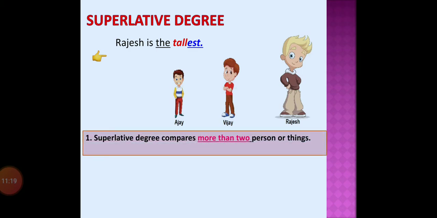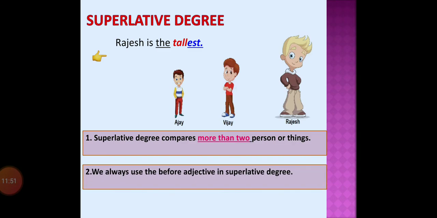So the first rule of the superlative degree is that it compares more than 2 persons, means there will always be more than 2 things, 2 nouns. 2 से ज़्यादा ही nouns जब होते हैं तब उसी में superlative degree use होती है. Got this thing? Whenever there are more than 2 nouns, persons, things, then only we can use the superlative degree.